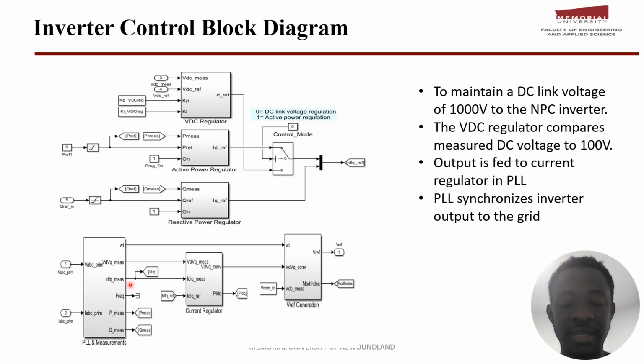So this block takes an input signal from the grid, that is the three-phase voltage and current signals, converts them to the DQ frame, and then compares the DQ frame voltage of the grid to the error signal that was coming here. The aim of comparing is to reduce the phase errors and the frequency errors, and then the output is fed to the transformer in our system.